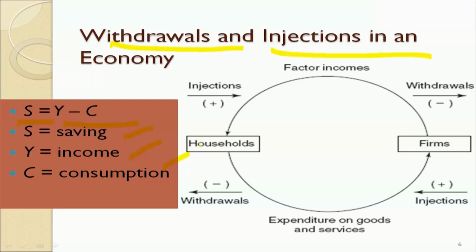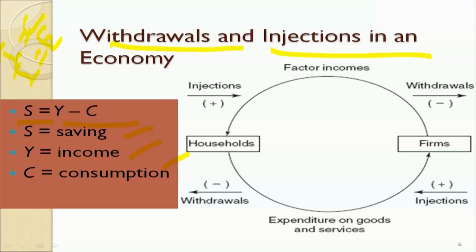We assume that the entire income is equal to the expenses, which means the entire income is equal to the consumption. But you need to understand the change here. Whatever amount is received by the household, the entire amount will not be spent. So, we have some leakages, some withdrawals also happen in the economy.